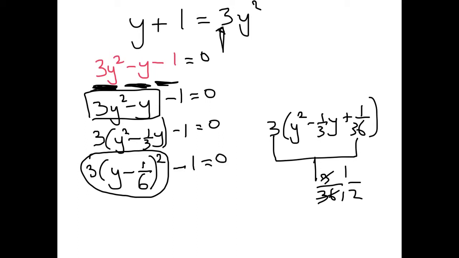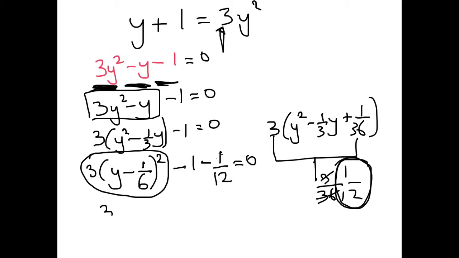So what we've got to have in here is we have to take out the added in factor. So it's 3 times this bit here, take away 1, but now I also need to take out the 1/12. Right.